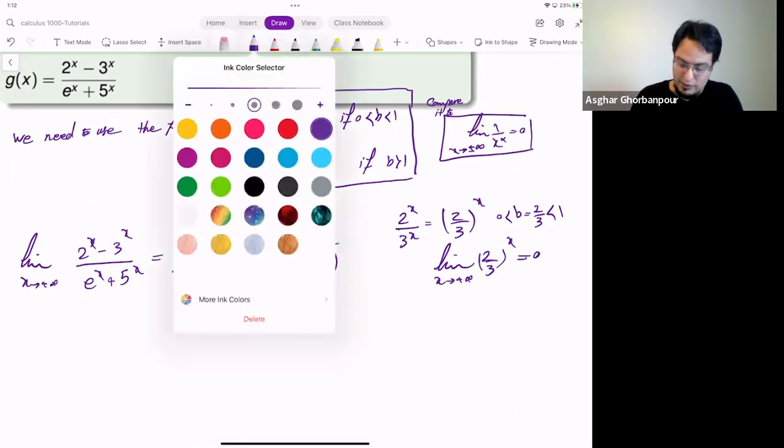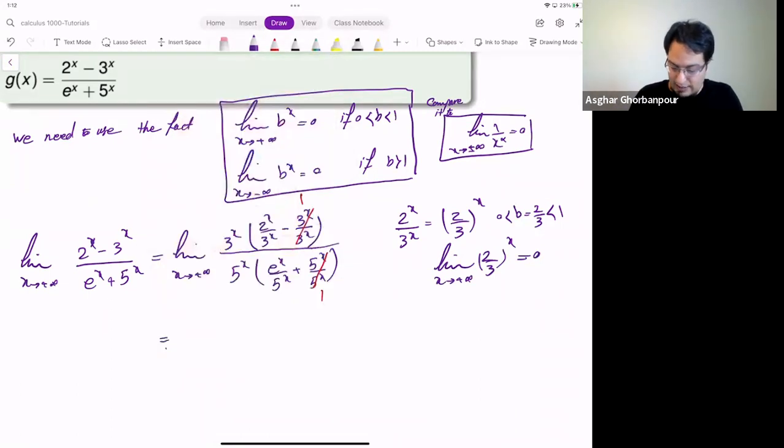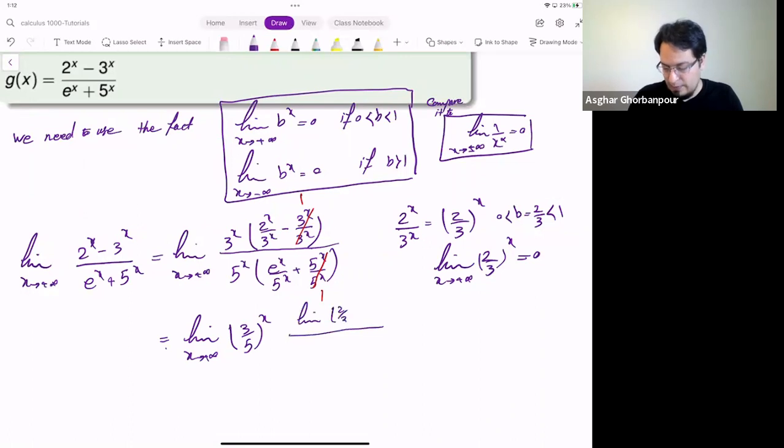And I'm going to use that fact here. So the limit as x goes to plus infinity. Now I have (3/5)^x, the limit of (2/3)^x minus 1, over the limit of (e/5)^x plus 1, as x goes to plus infinity.